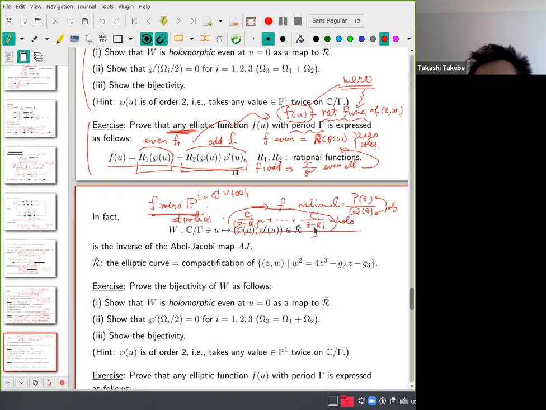This is the principal part, and there is a holomorphic part. Let's call this pi, and this is just a rational function, right?